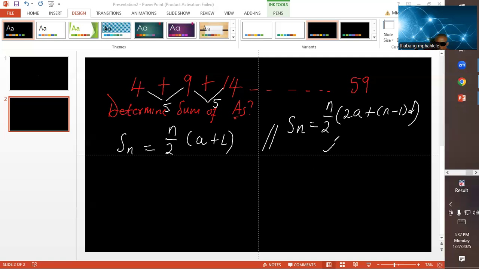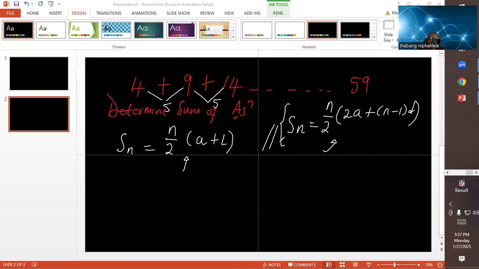I prefer this one because not all the time will you know the value of the last term. The n over 2 (a plus l) formula you use if you know the value of the last term. So that's why I prefer the latter. Sn equals n over 2, 2a plus (n minus 1)d is the formula that we are going to use to find the sum of an arithmetic series.